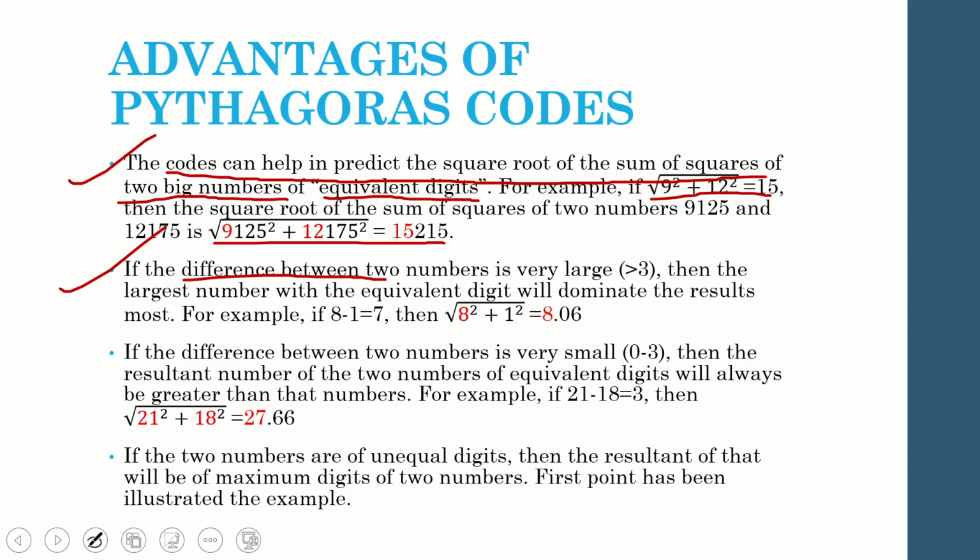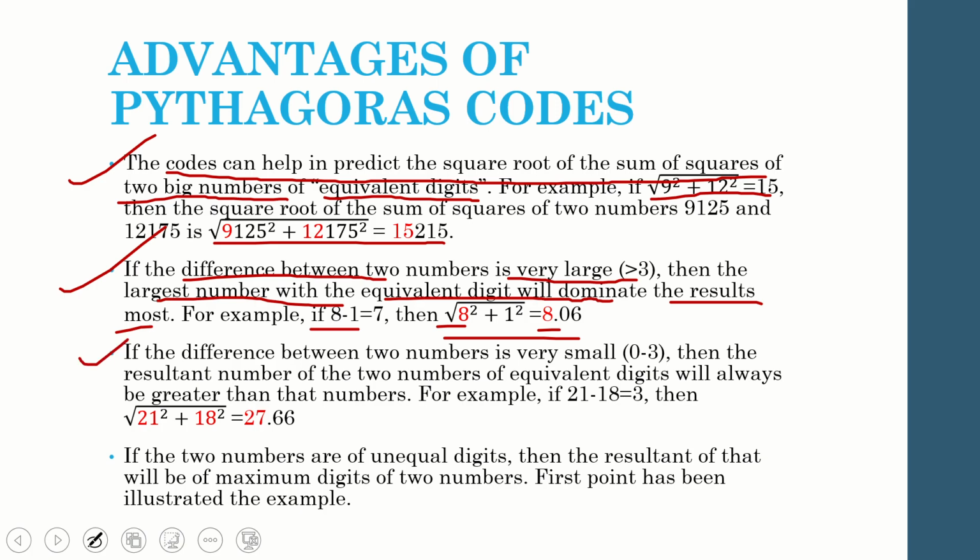If the difference between two numbers is very large, as I have explained, then the largest number with the equivalent digit will dominate the result. This is what it means: if 8 minus 1 is 7, then you see 8 and 8. It is mostly the dominating part.